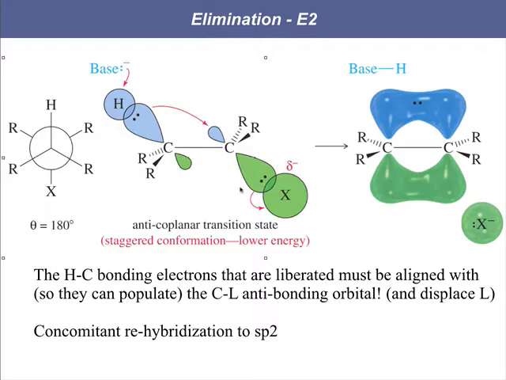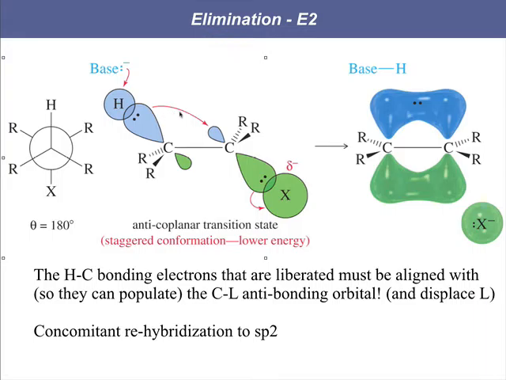So when the base grabs the hydrogen, these electrons are lined up with this antibonding orbital, and they will feed into that antibonding orbital rather than the lone pair sitting on this carbon. Instead, the lone pair will feed into that antibonding orbital, and we end up making a pi bond.